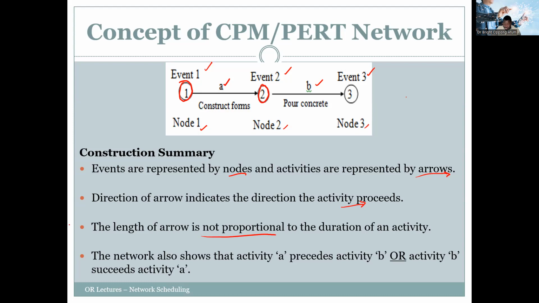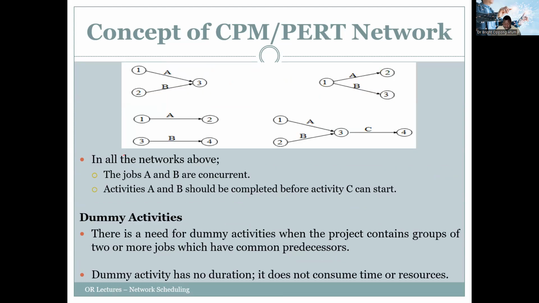All right. So the network can be drawn in several ways. For instance, we can have two tasks, or two activities, coming from two different jobs or nodes and ending on one node, which is okay.